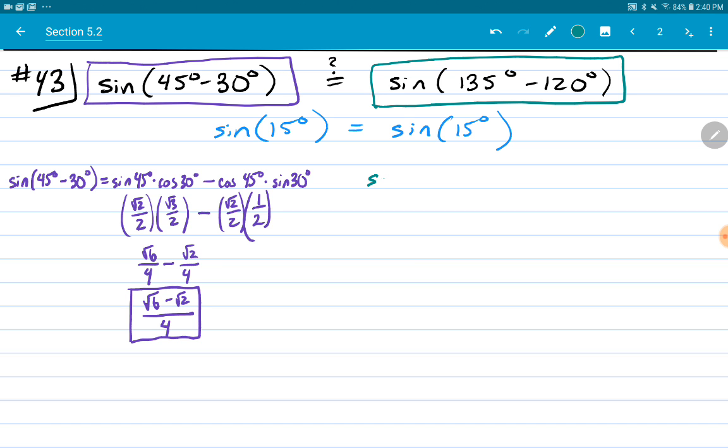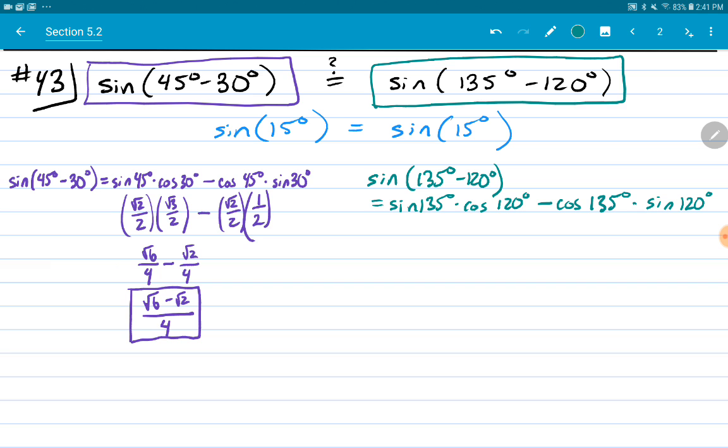So let's try that same formula, but this time do 135 minus 120, which gives me sine of 135 degrees times cosine of 120 degrees minus cosine of 135 degrees times sine of 120 degrees.